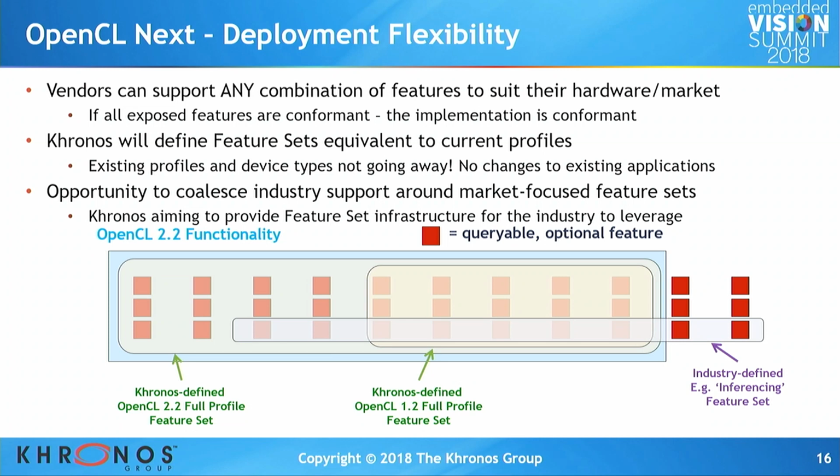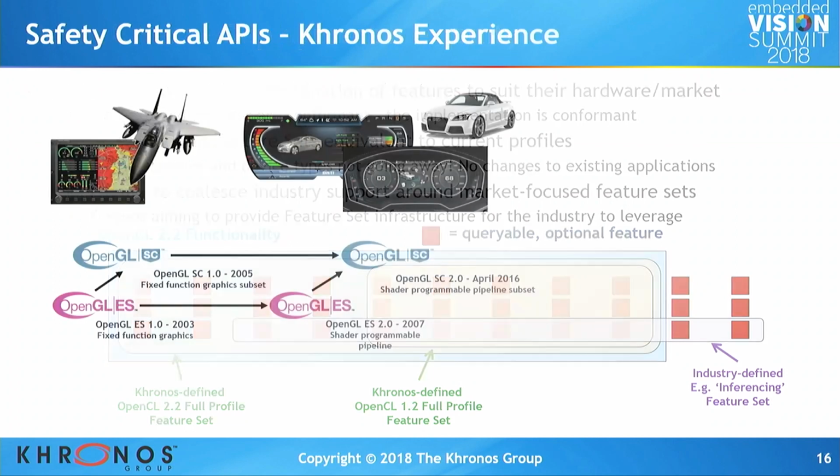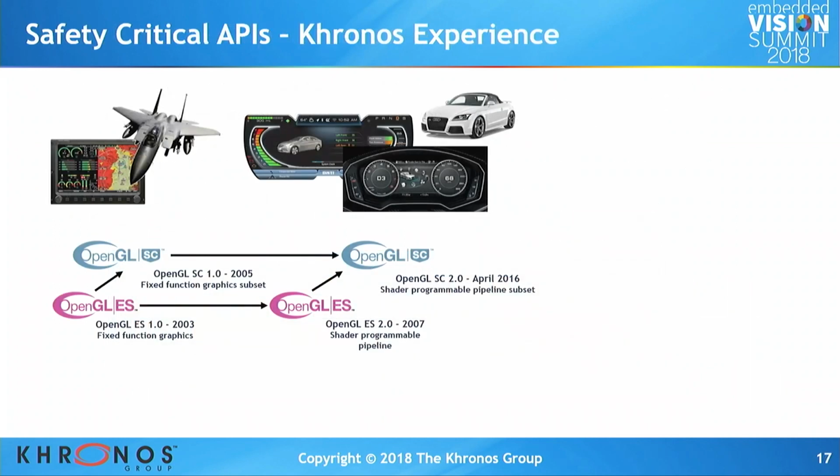And someone building a small DSP-based inferencing engine or some other hardware will be able to choose what functionality they ship. They won't be forced to ship stuff that doesn't add value to their customers just to be conformant. But we're going to try and provide feature sets so people can coalesce around agreed sets of functionality so we don't get fragmentation that's too painful.